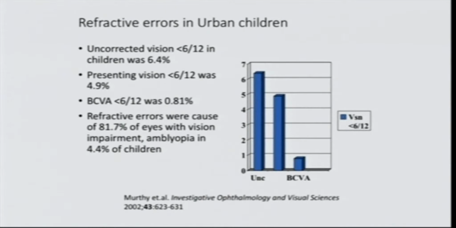Now this is fairly dated data, almost 16-year-old data done by Dr. Murthy. When we looked at refractive errors in urban children, if you see the difference between unaided visual acuity and best corrected visual acuity, hardly about 15 or 20% of children who actually need specs were wearing specs in urban areas.